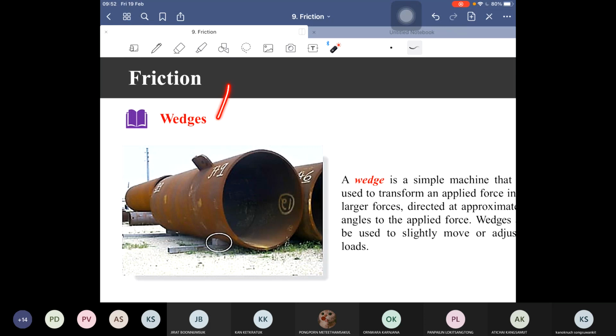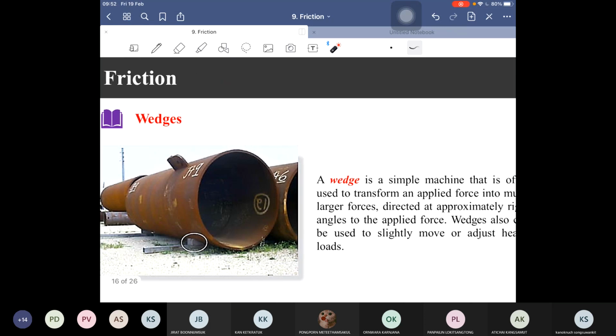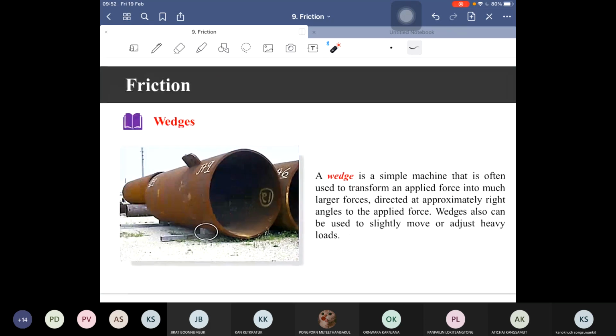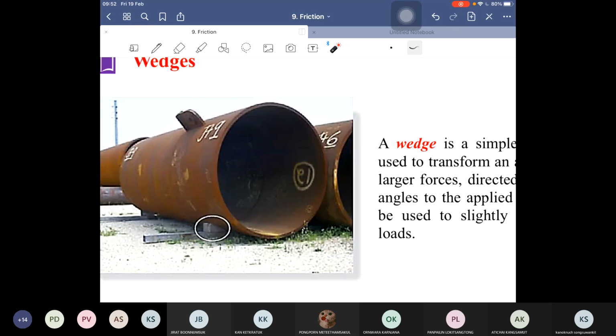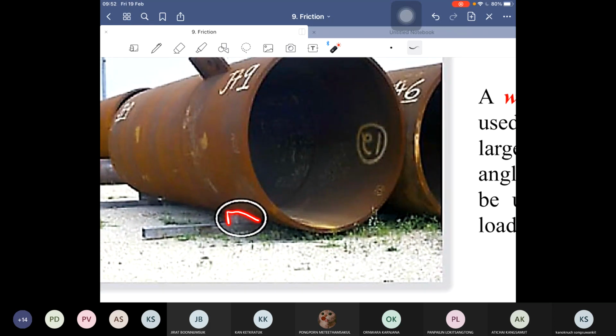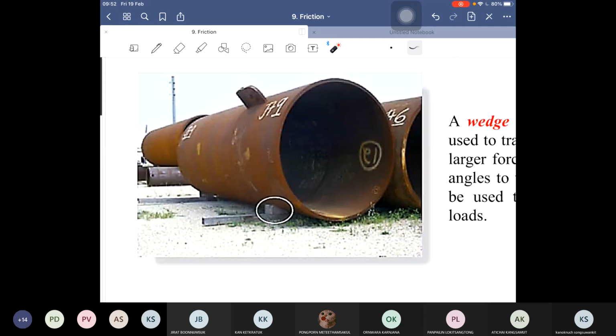So what is a wedge? It is a simple machine that is often used to transform and apply force into a much larger force. For example, in this system, we can just exert a small force on this small part to lift this big pipe.